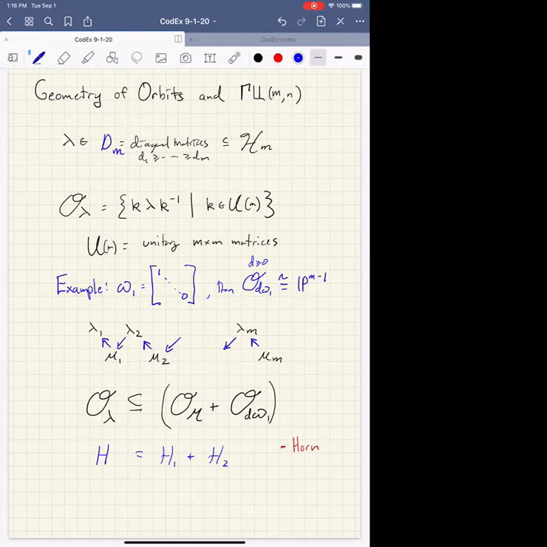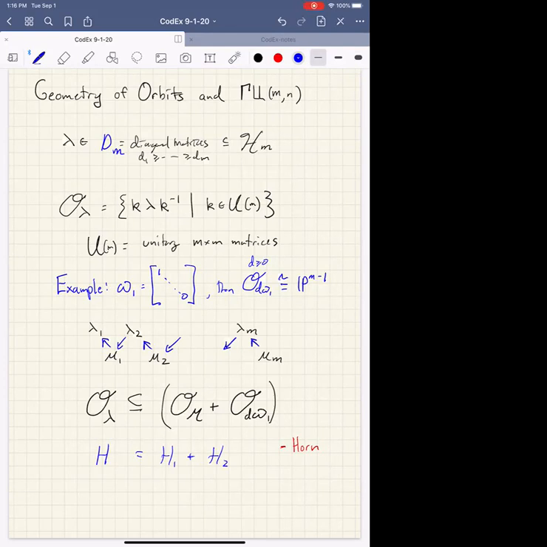So as an example, if we take the diagonal matrix, which is just 1 in the upper corner and 0 elsewhere, if we multiply that by our favorite non-negative real number and take that orbit, we get a space which is homeomorphic to projective space, P^(M-1).